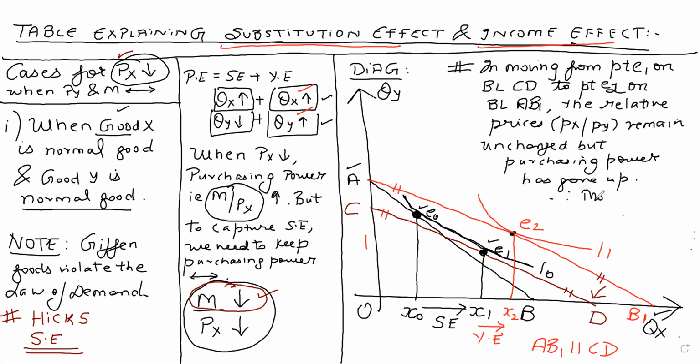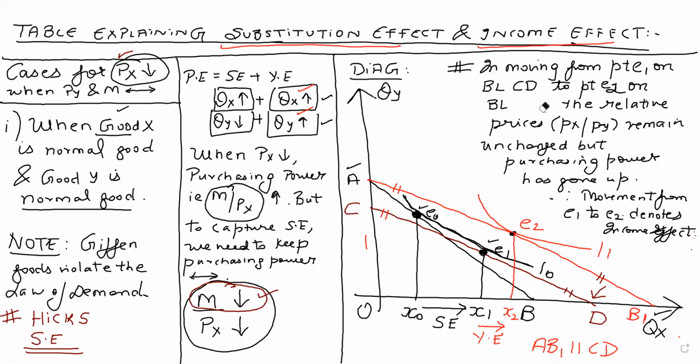Therefore, movement from E1 to E2 denotes the income effect.